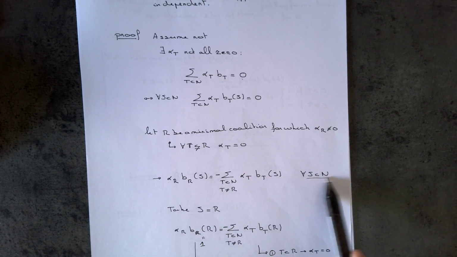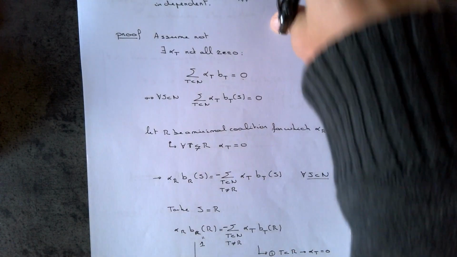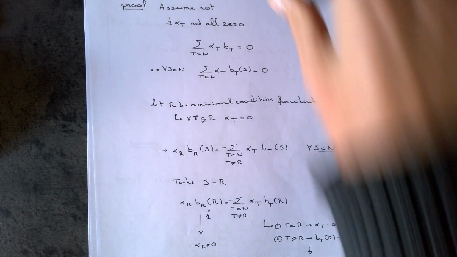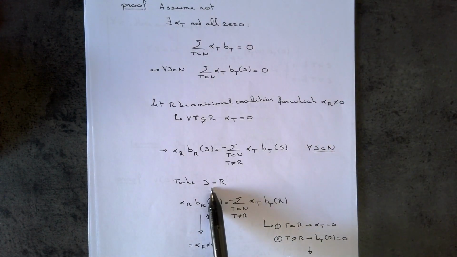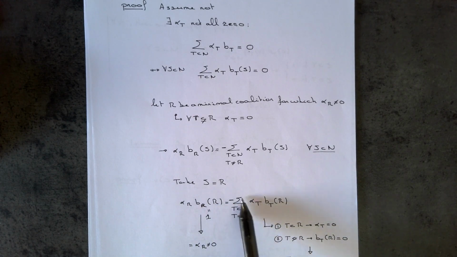And this holds for every possible coalition. Okay, this equality here. So what are we going to do? We're going to evaluate this equation for one particular coalition, which we're going to take to be the coalition R itself. So here on the left-hand side, we get alpha_R B_R(R), and on the right-hand side, minus this sum here of alpha_T B_T(R).